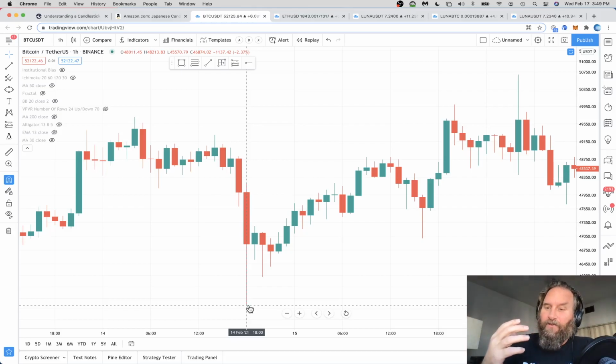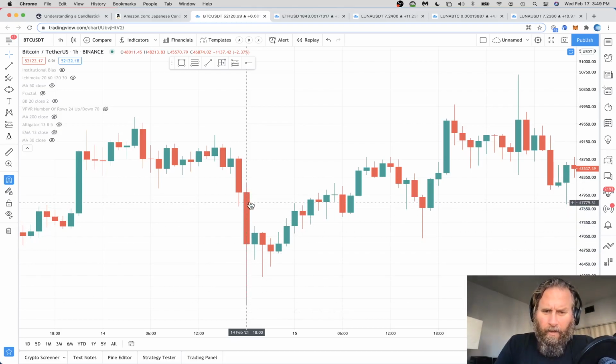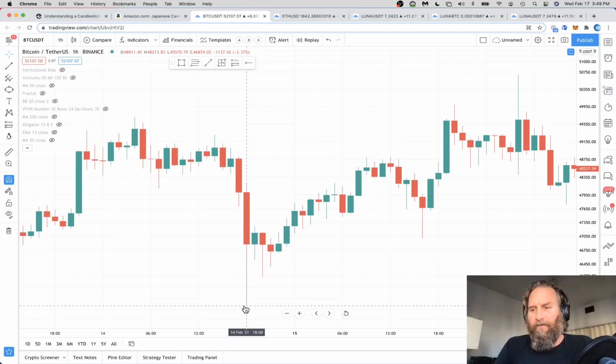So this is a pretty significant candle in the sense that this was a big dump, because we see the price ranged this whole long way during this 1 hour. It got as high as 48,000 and as low as 45,500.